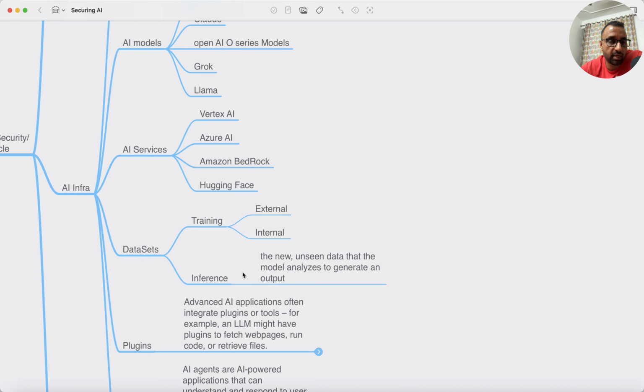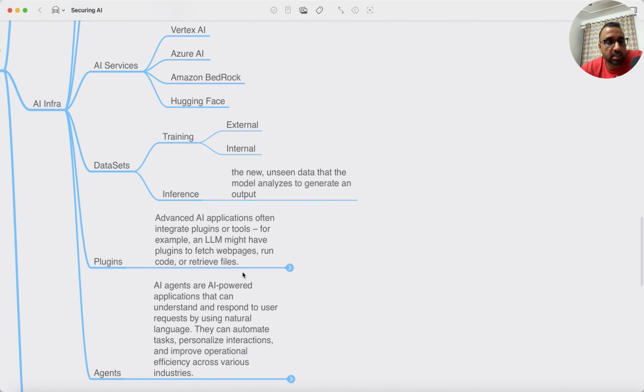Okay, so whatever it learned from the training period, when this model is deployed in production, it's interacting with the real-time data to make inferences. Okay. And then plugins. So plugins are advanced AI applications. Advanced AI applications often integrate plugins or tools.